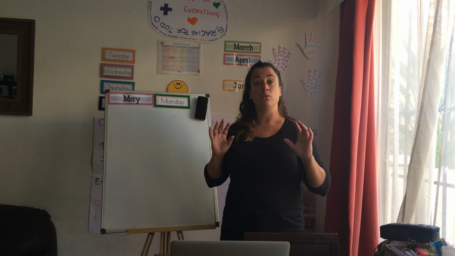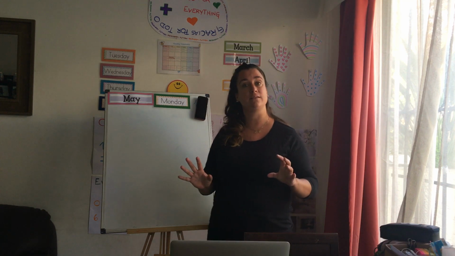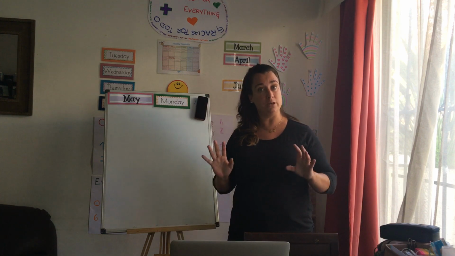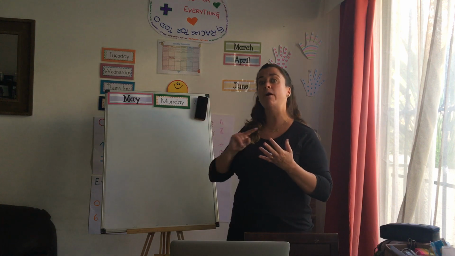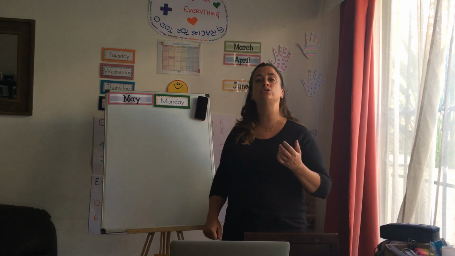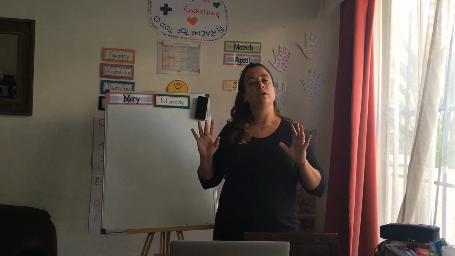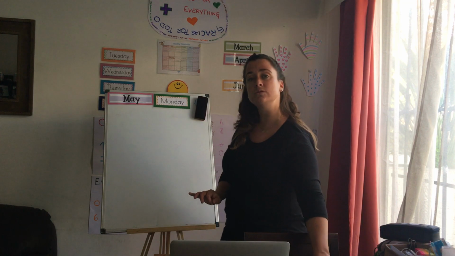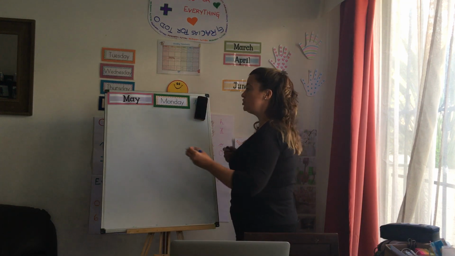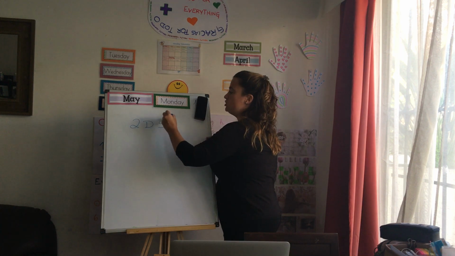It's part of geometry. Geometry is part of math. When we're talking about shapes, when we're talking about lines, that is called geometry. First of all, we're going to start with something called the 2D shapes. 2D shapes.